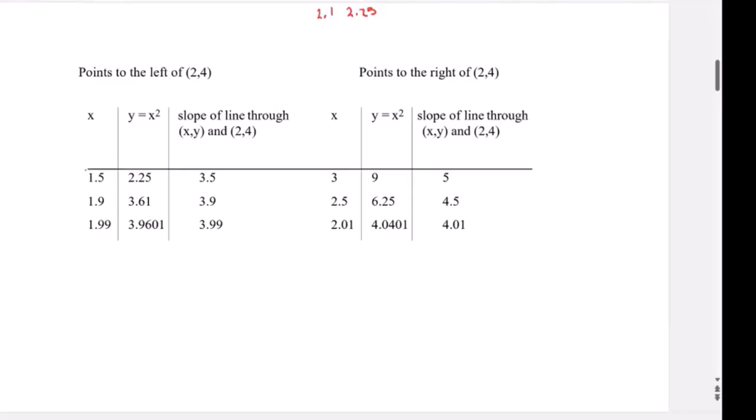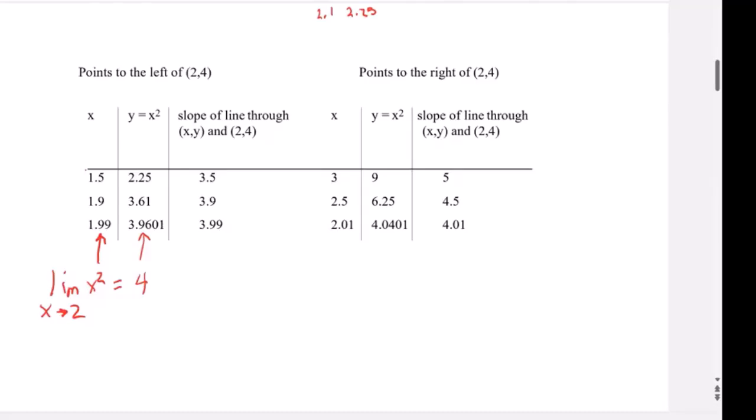All right, so notice here, as x gets closer and closer to 2, so let's say the limit of x squared as x approaches 2, right? That's what that's doing. We're getting closer and closer to 2. And we're saying, well, that equals 4, which, notice, this is getting closer and closer to 4. Okay?